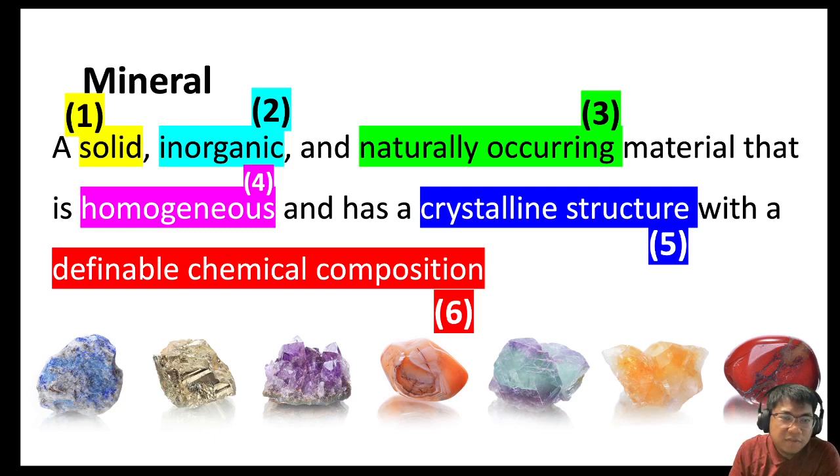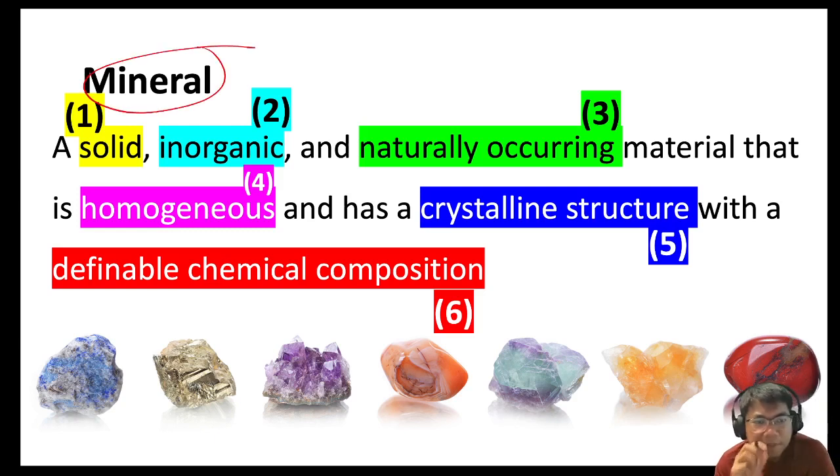In order for something to be called a mineral, that object needs to satisfy all 6 conditions. A mineral must be solid, inorganic, naturally occurring, homogeneous, have a crystalline structure, as well as a definable chemical composition. These are the 6 main criteria for something to be called a mineral.